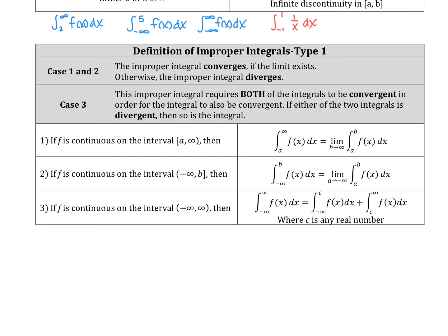The first thing that you need to know is that an improper integral is said to converge if the limit exists. And what I mean by exists in this situation is that it is a finite number. Otherwise, not infinity.